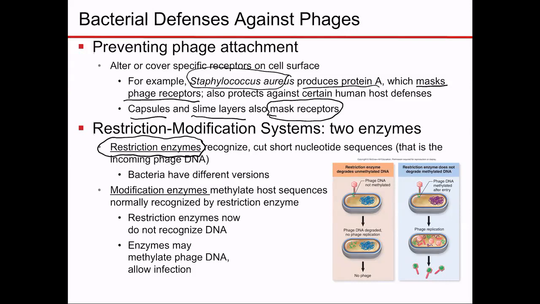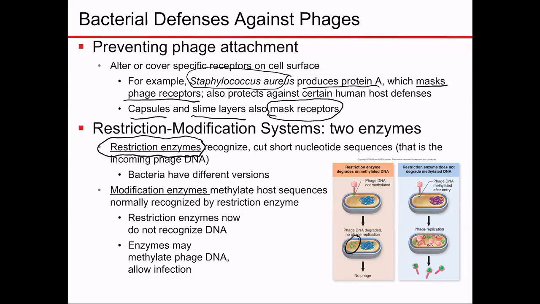And these are sequences that could be found in the genome of the virus, let's say in that DNA genome. And if the bacteria is producing those restriction enzymes in the cell, and they are able to recognize that specific sequence in the genome of the virus, then those restriction enzymes could cut that DNA in pieces. And if the genome of the virus is destroyed, then that virus cannot replicate.